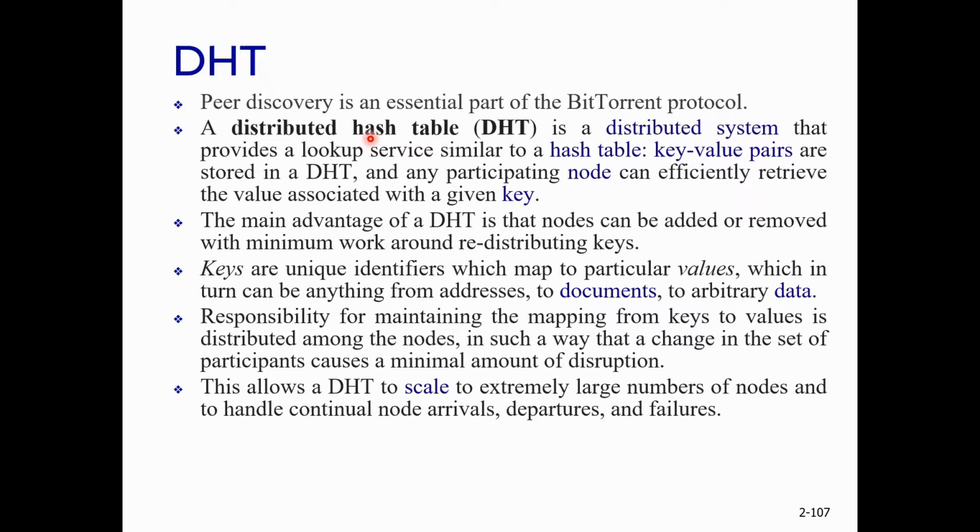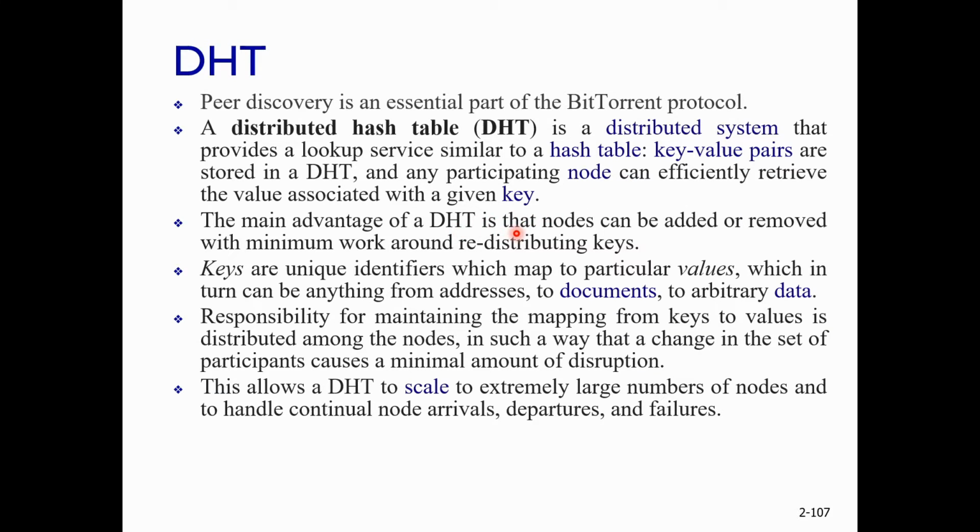So basically a distributed hash table is a distributed system that provides a lookup service similar to a hash table. Key value pairs are stored in the DHT, and any participating node can effectively retrieve the value associated with a given key.